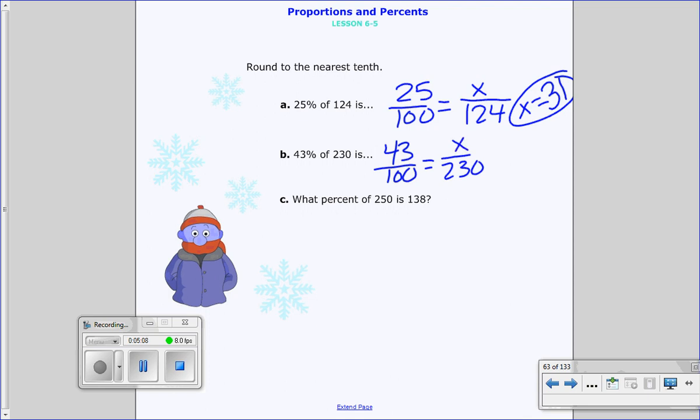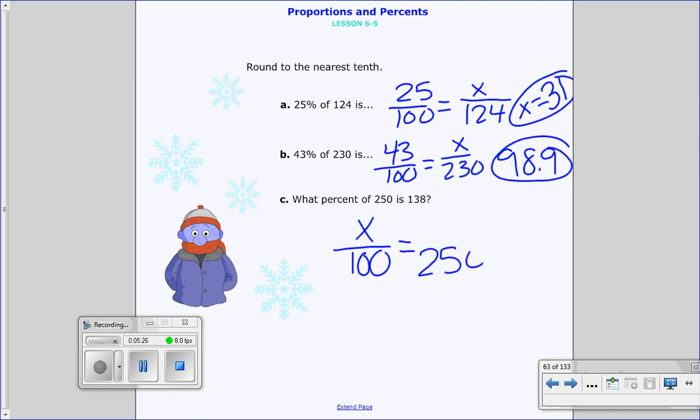So 230 times 43 divided by 100 is 98 and 9/10. And then finally, this last one, what percent, so we know we're looking for that percent, of 250 is 138. Well, you do cross products again.